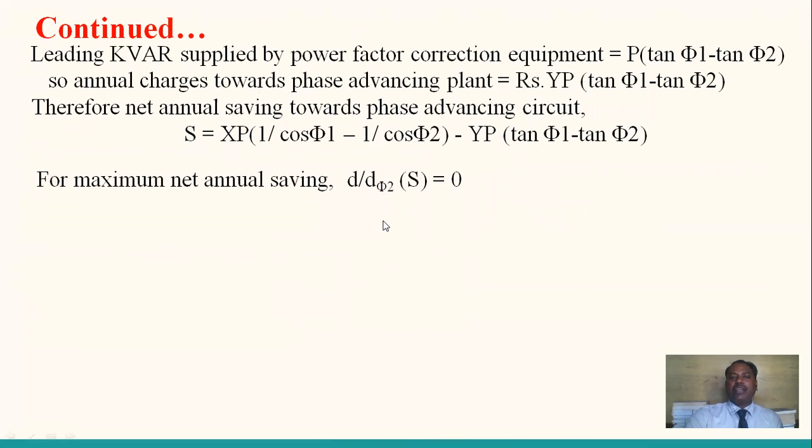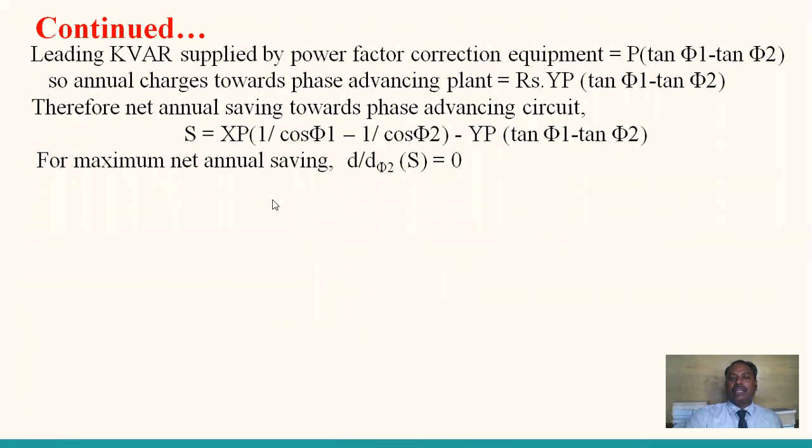For maximum net annual saving, the most economical power factor is the one at which the net annual saving is maximum. So here S is maximum, and therefore the most economical power factor is obtained.